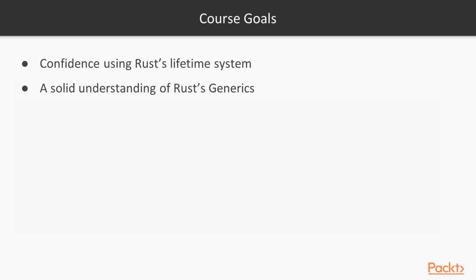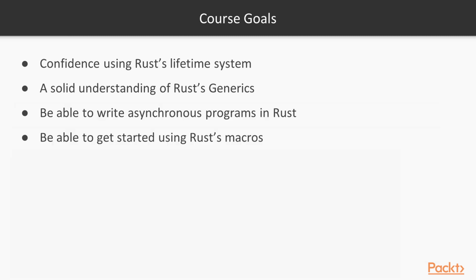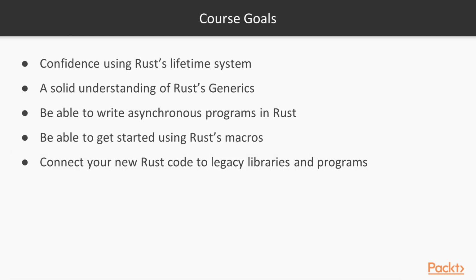You will come to a solid understanding of how Rust's generics work as well and be able to write asynchronous programs in Rust. We'll also get started using Rust's macro system, and by the end of this course as well, you should be able to connect your new Rust code to any legacy libraries or programs you have already written.